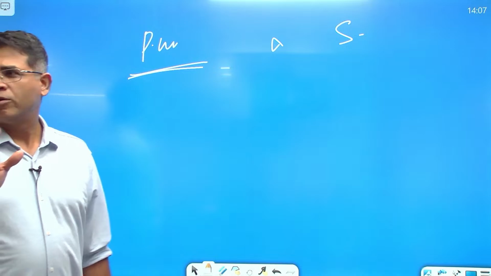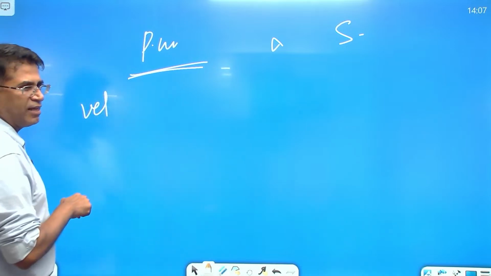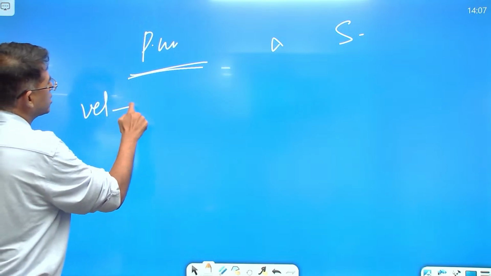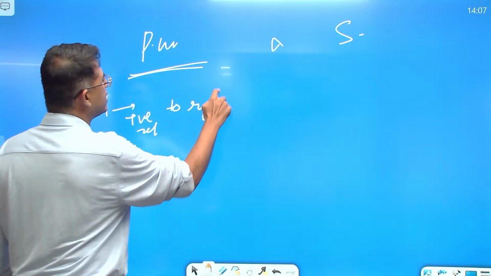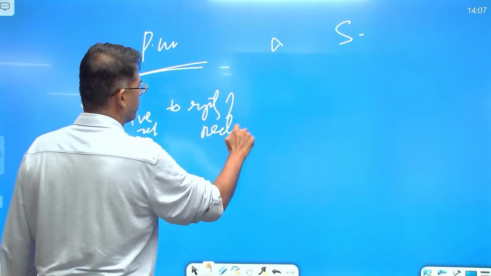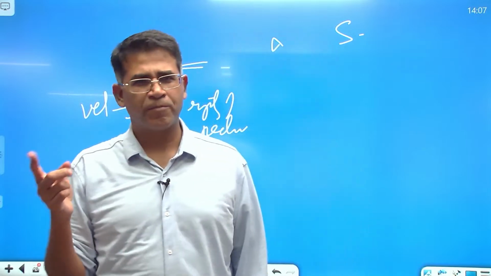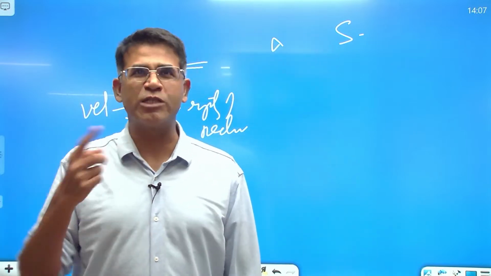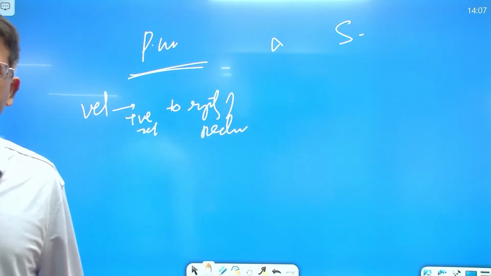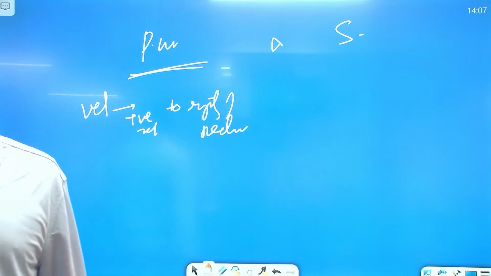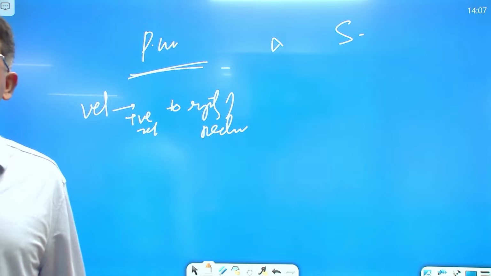For both P and S waves, their velocity is positively correlated with the rigidity of the medium.